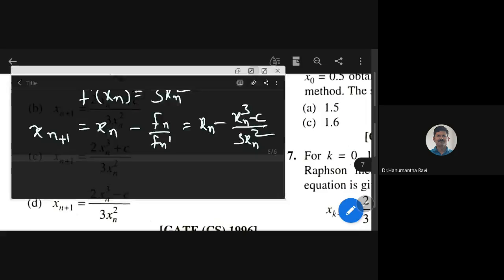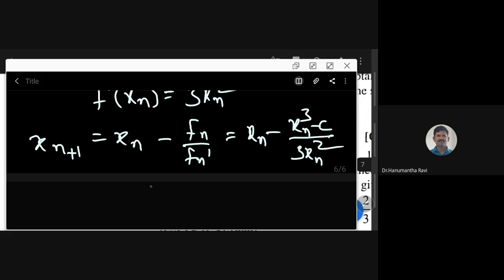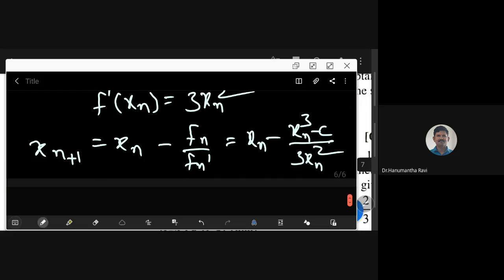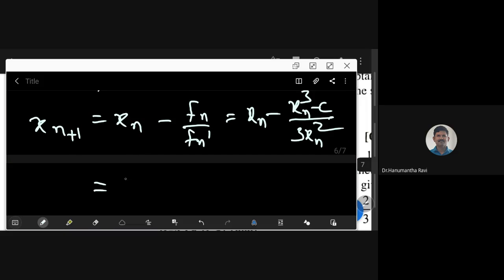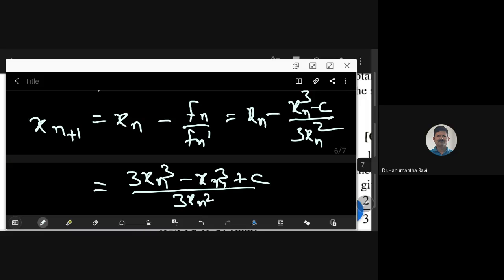So upon simplification, what you will get: 3xn cube minus xn cube plus c by 3xn square.